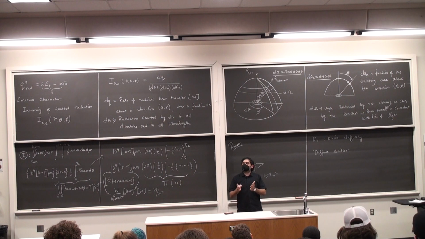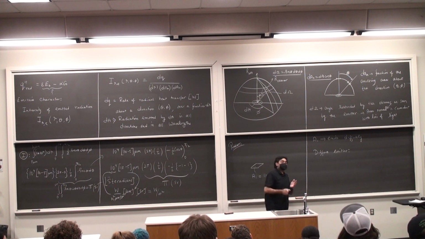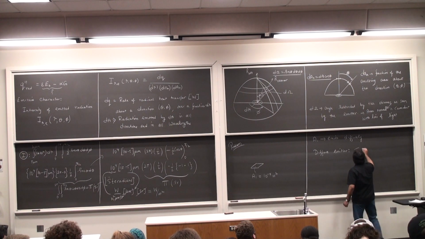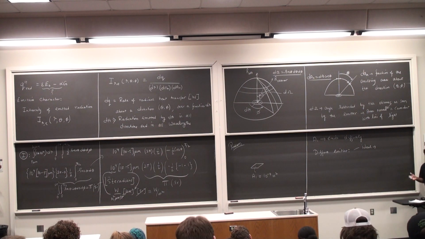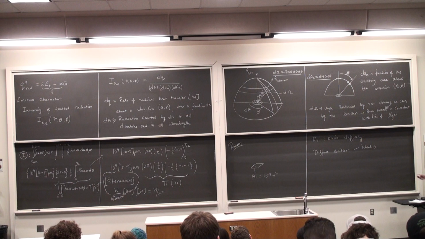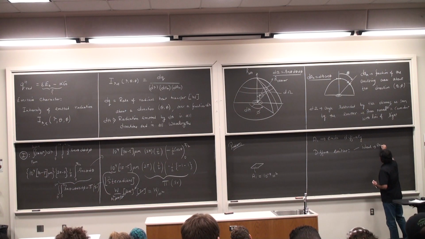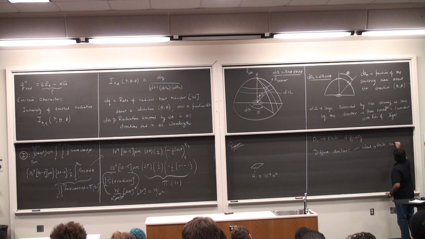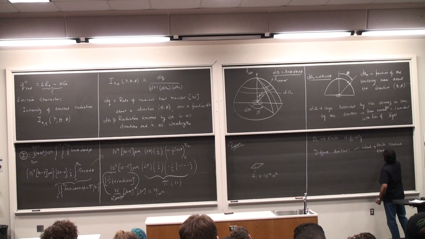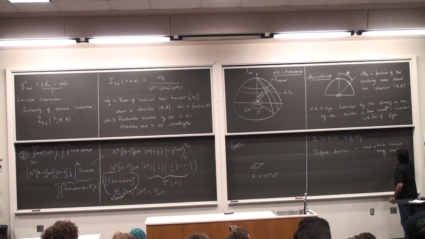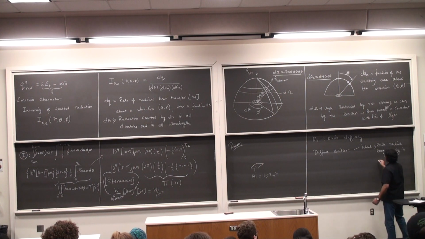Okay, so there are two types of diffuse emitters. There's an ideal diffuse emitter, which means that it emits radiation evenly in all directions.